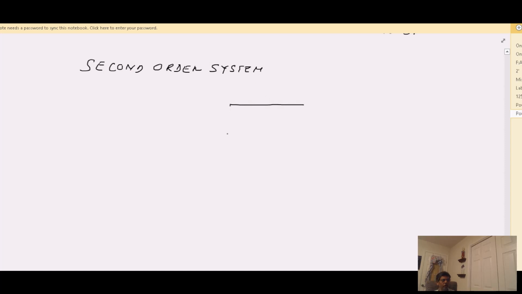So let's say we have a transfer function G(s), which is equal to B over S squared plus AS plus B. This is our transfer function for the second order system.